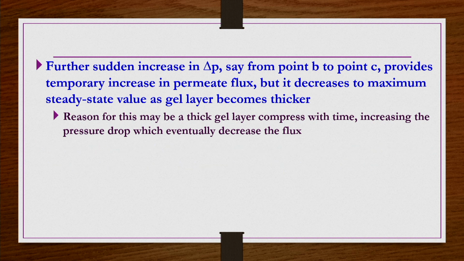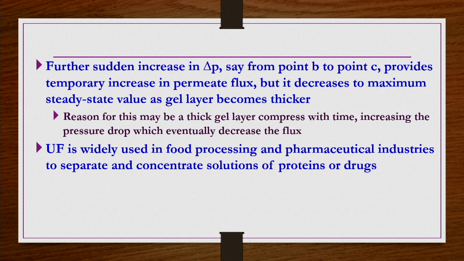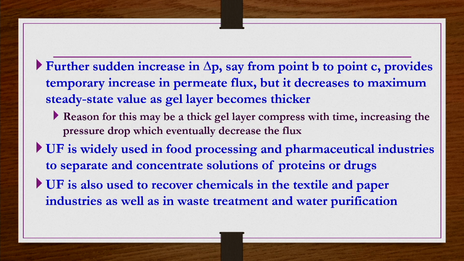So, this is about concentration polarization and permeate flux for the ultrafiltration membrane, and how the permeate flux changes with the pressure drop, etc. Those kinds of things we have seen about this ultrafiltration membrane. In general, these ultrafiltration membranes are used widely in food processing and pharmaceutical industries to separate and concentrate solutions of proteins or drugs.